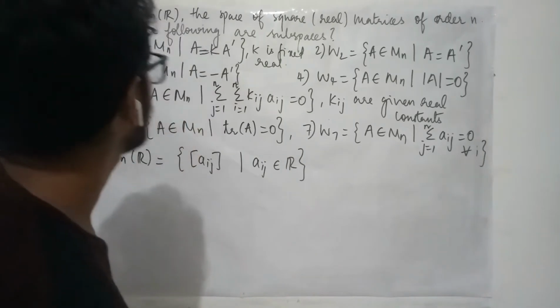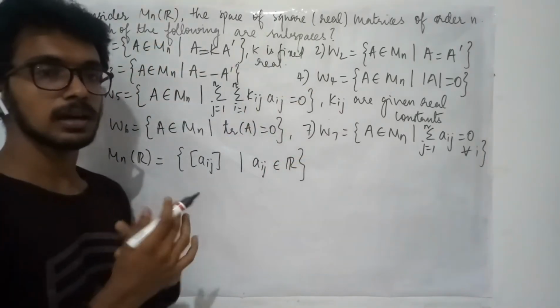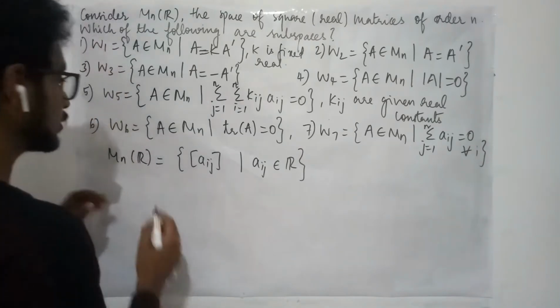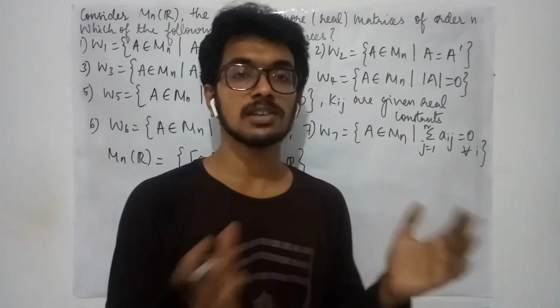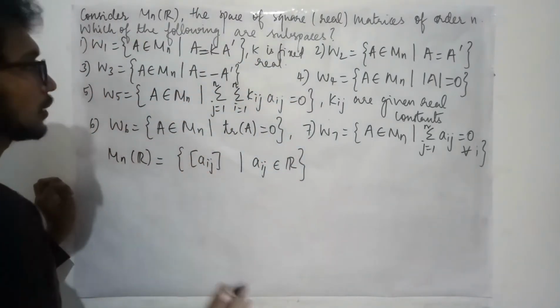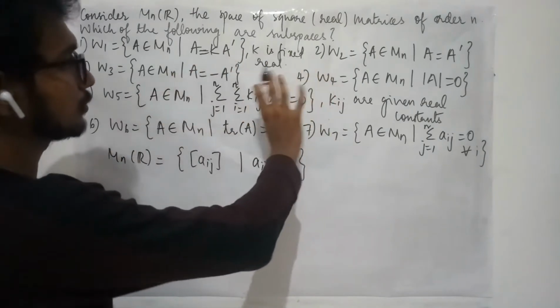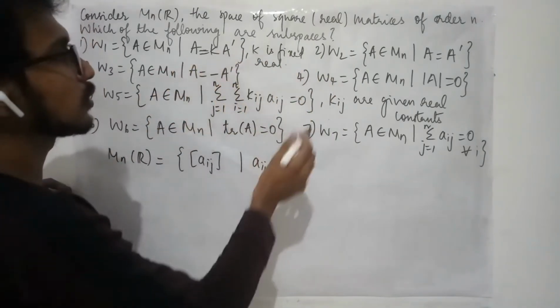And for these operations, you must have a better understanding of the operations, that is, how we do scalar multiplication and addition of matrices. Hope you remember that. Some more notations are used here.